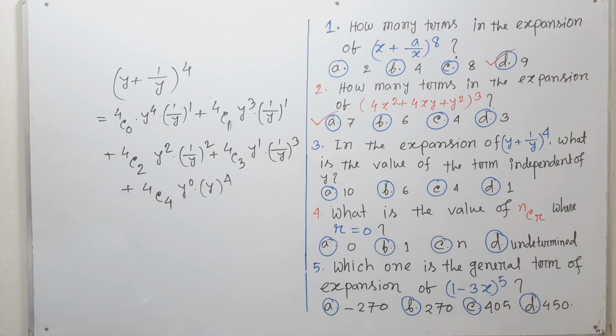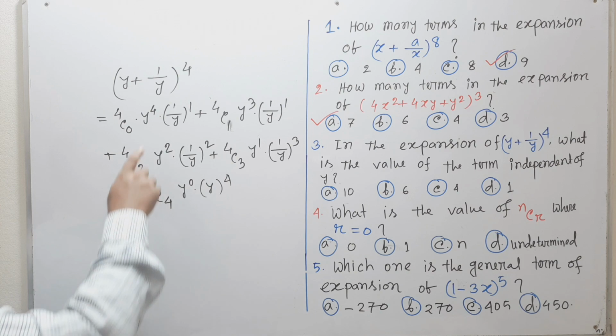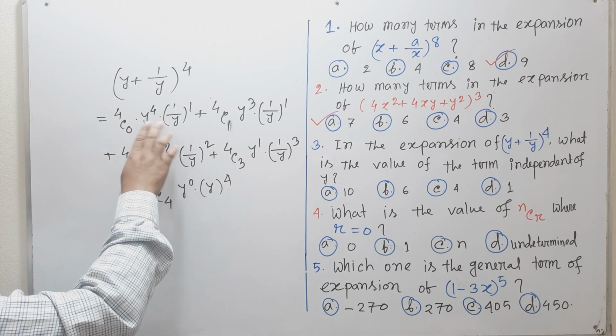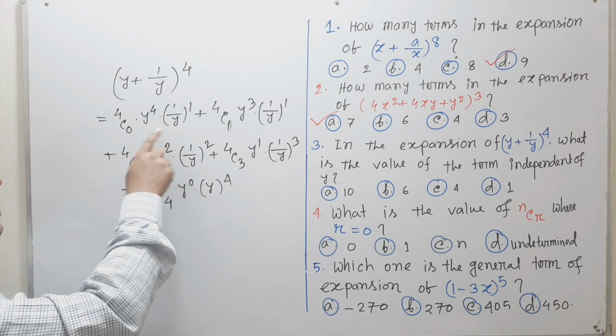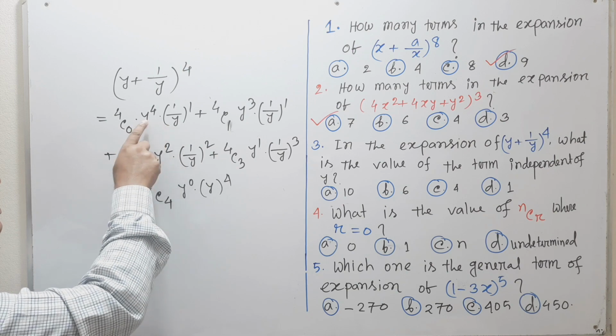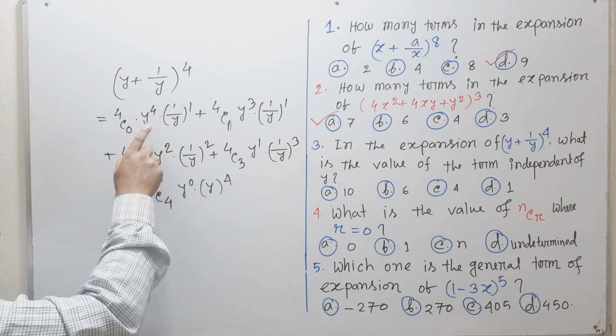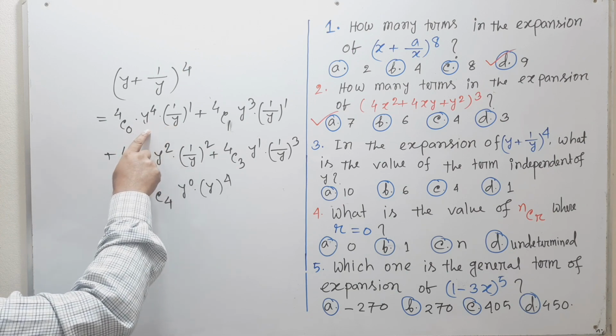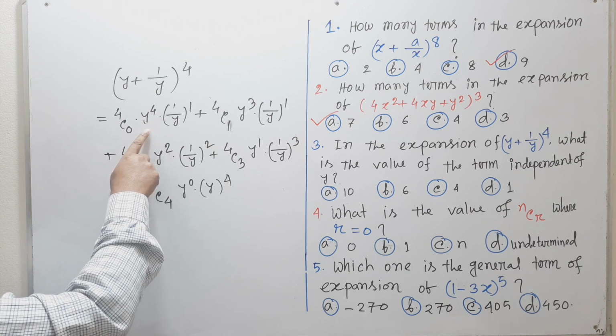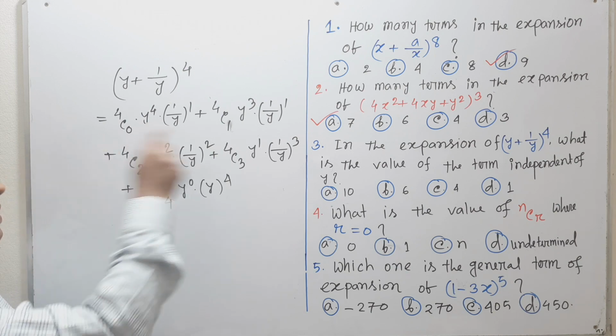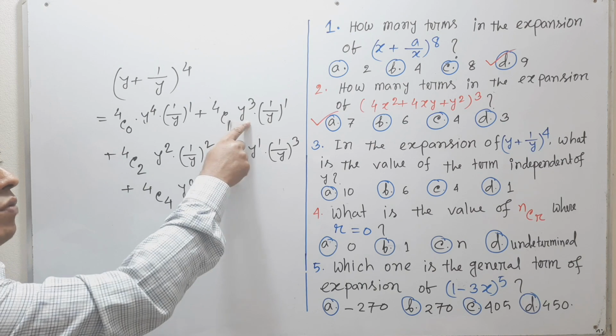After simplification of this, it will be y cube, because y to the 4 divided by y is equal to y cube. But it is not the y free term. The y free term is without y, and it has also y, because y cube divided by y is equal to y square.